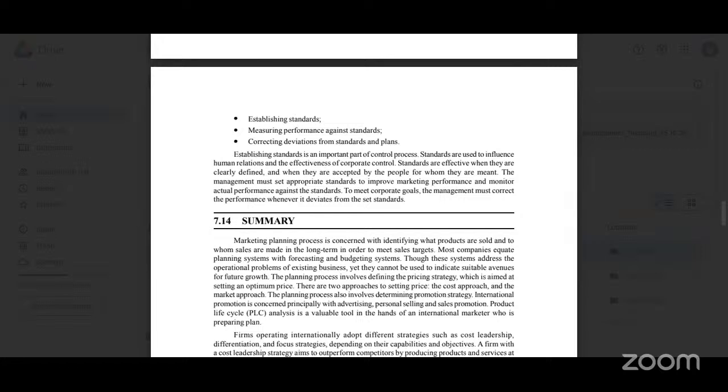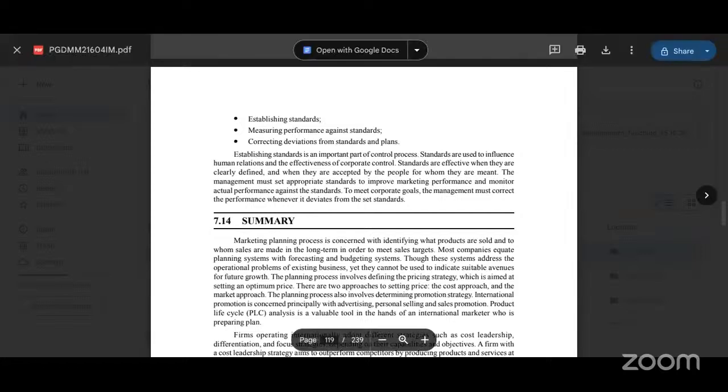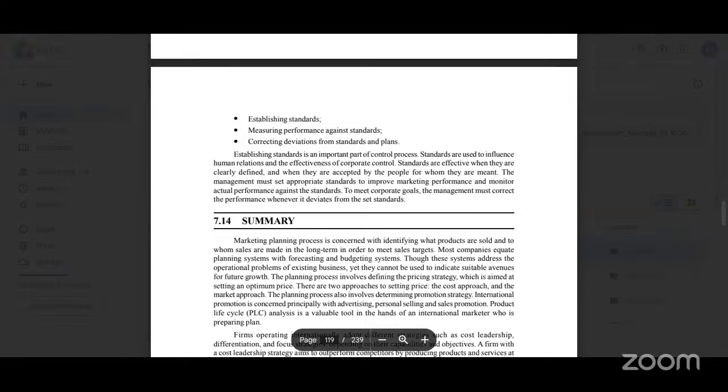So standards are effective when they are clearly defined and when they are accepted by the people for whom they are meant. Here the management has to set appropriate standards. It cannot randomly take anything and say that this is a standard. It has to set standards which are tested over a period of time.